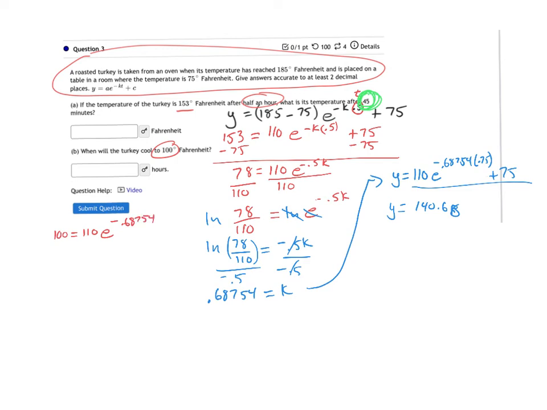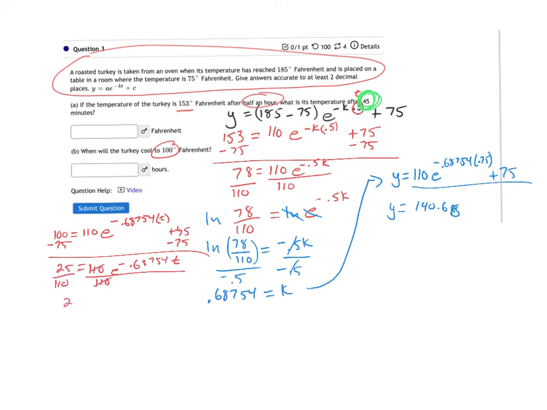It's actually positive 0.68754, but we have to make that negative, times t, and then that plus 75. So just solve this how you'd solve any equation. I'm going to subtract 75 from both sides, and we get 25 is equal to 110 e to the negative 0.68754t. Divide both sides by 110.